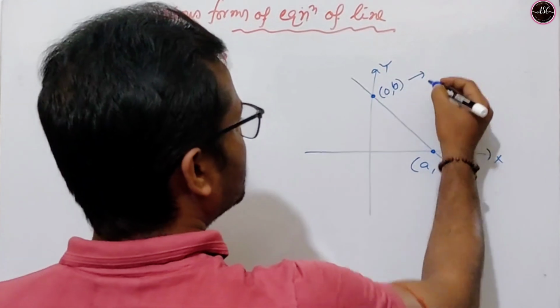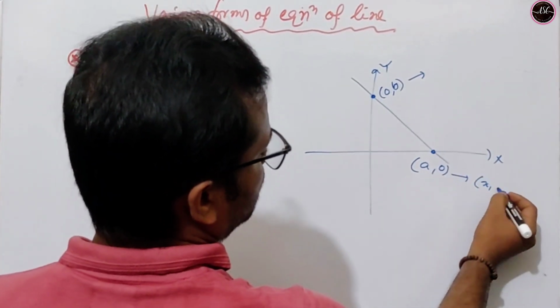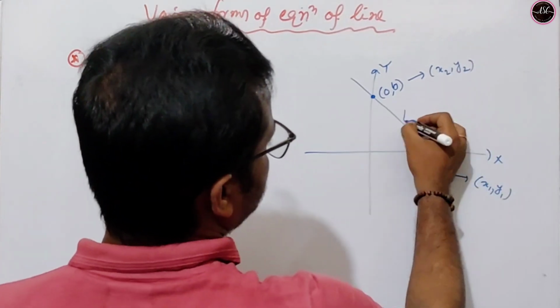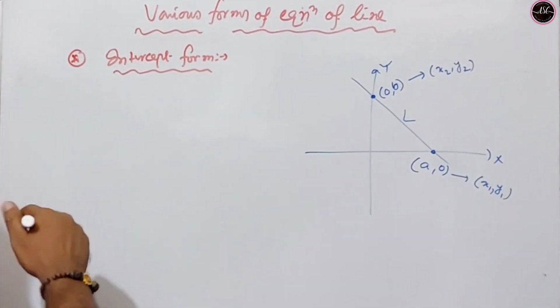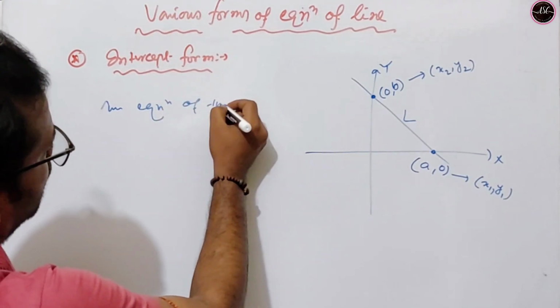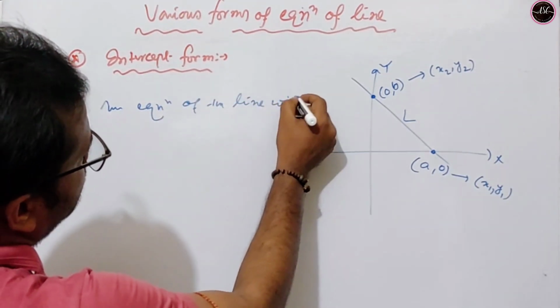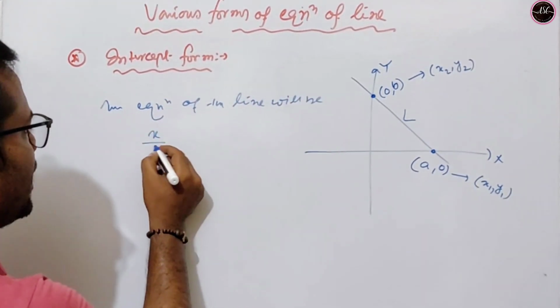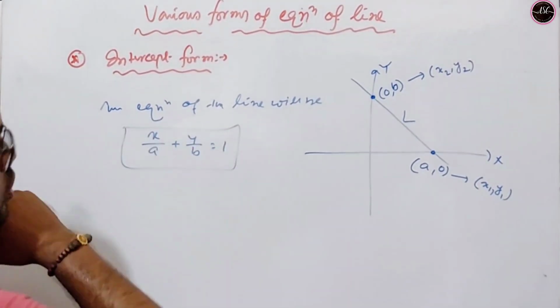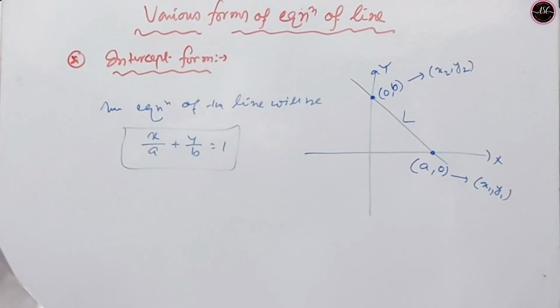So this is (x1, y1), and this is (x2, y2), and this is the line. So the equation of the line will be x by a plus y by b equal to 1. This should be remembered.